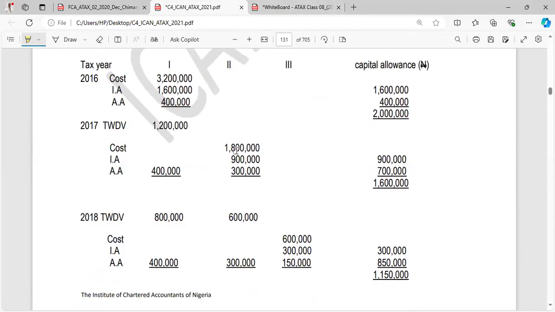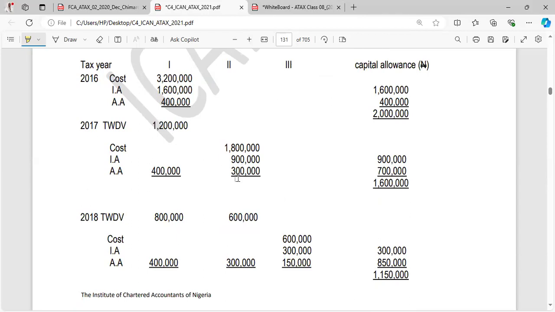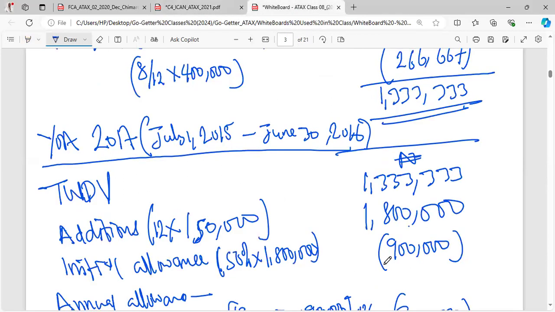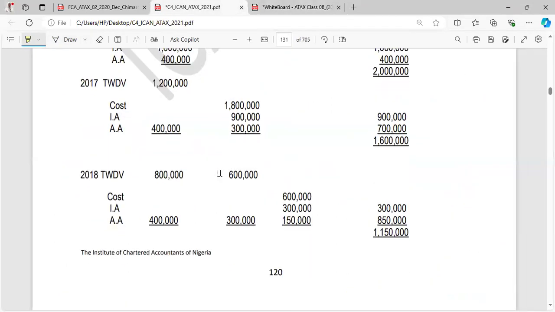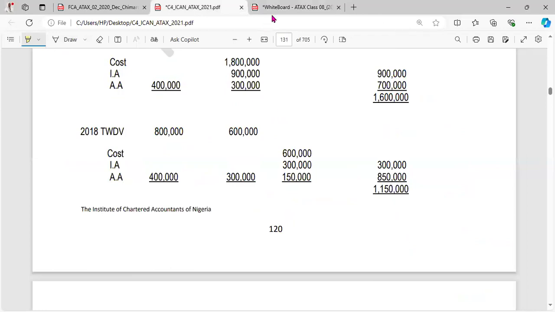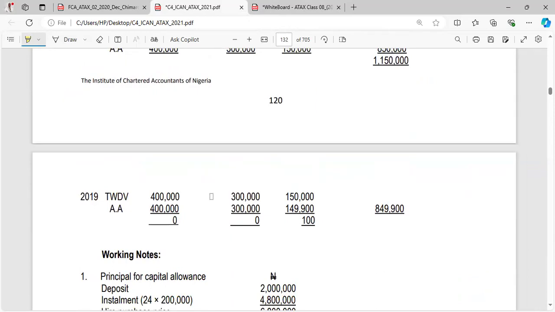Then these other ones here, the cost is 1,800,000. Yes. Initial allowance 900. Annual allowance 300. Yes. Plus the 400 of the other one. Yes. Then the other one is 800. The cost here is 600. 300 as initial allowance, 150 annual, 300, 400. That's fine. And now we have the last one.